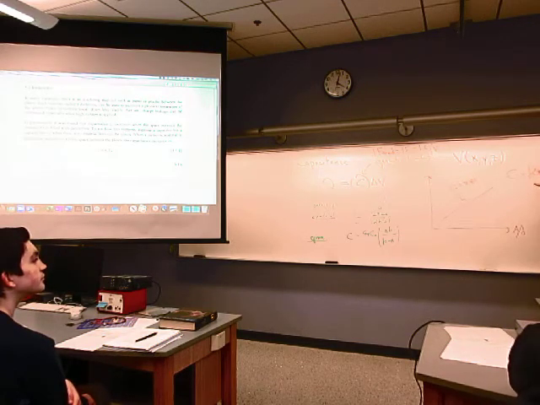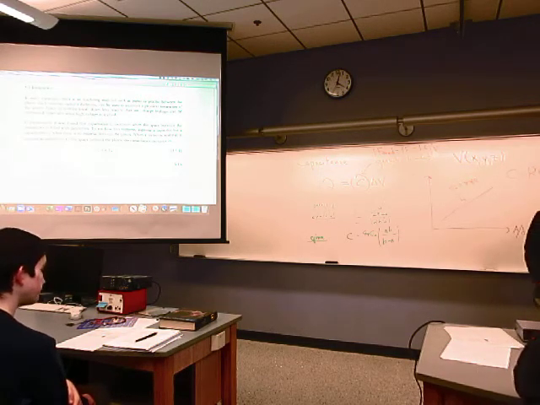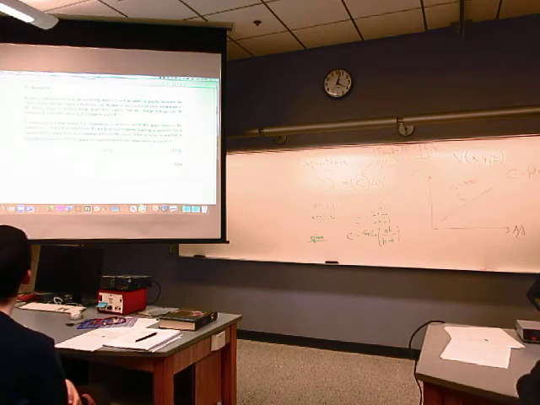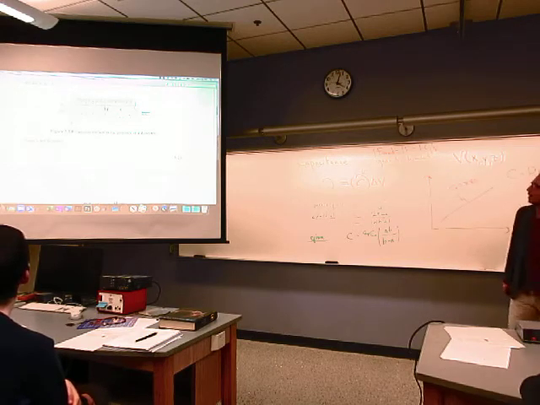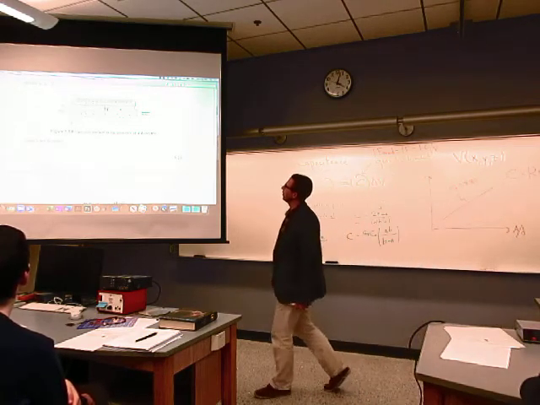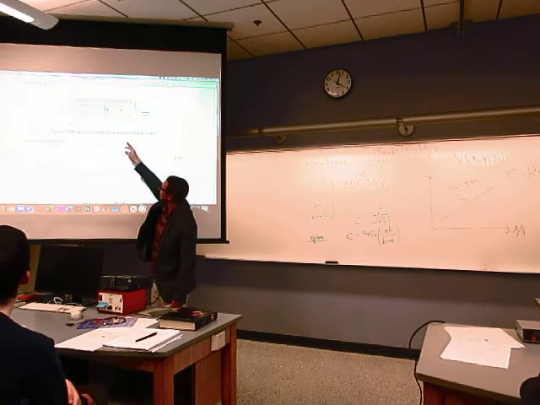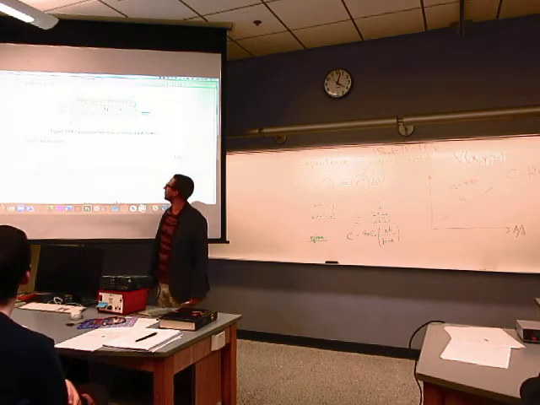Now, what does this really mean? Let me just show you a picture that's helpful for understanding this. If I put a dielectric inside a capacitor, that dielectric becomes polarized.